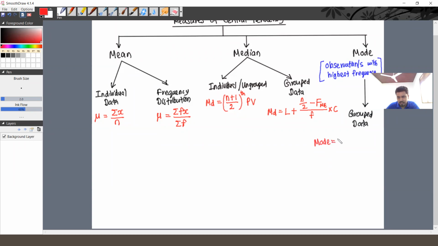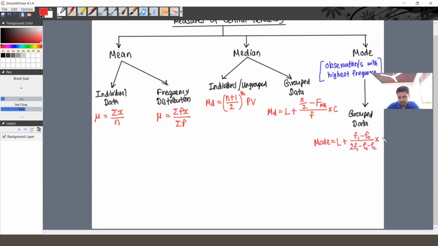Mode equals L plus F1 minus F0 divided by 2F1 minus F naught minus F2.